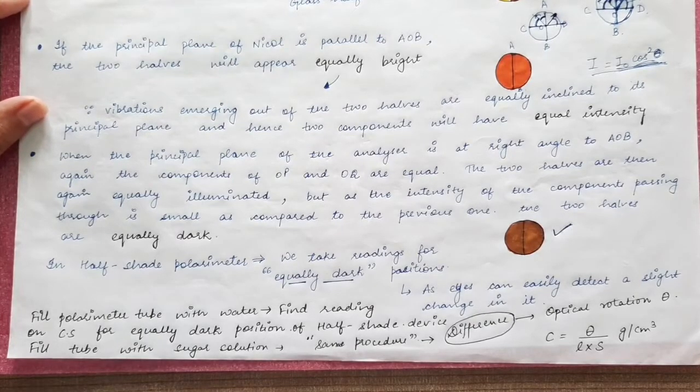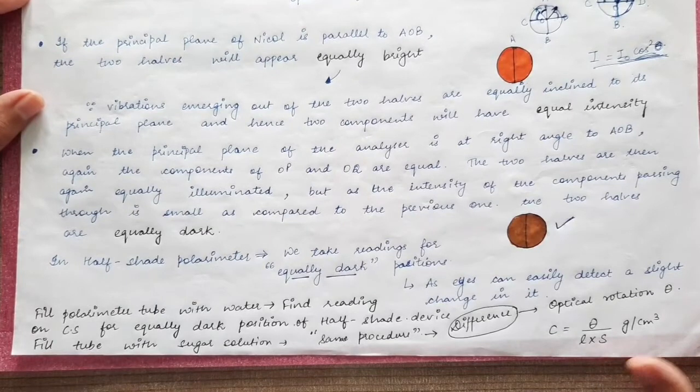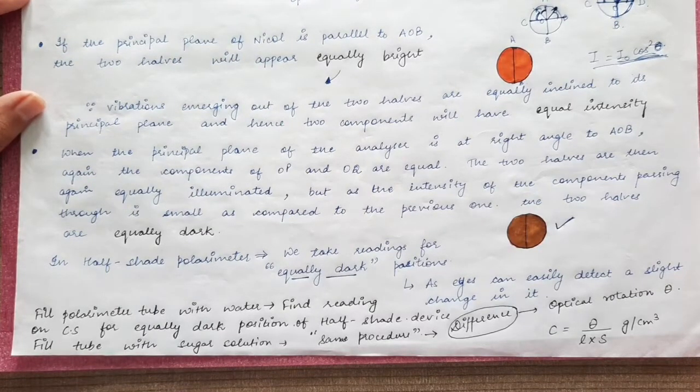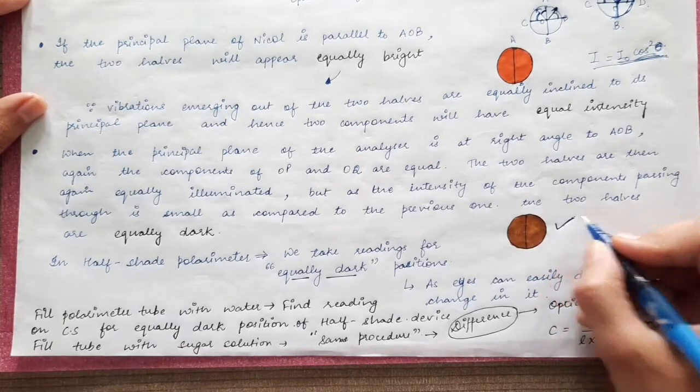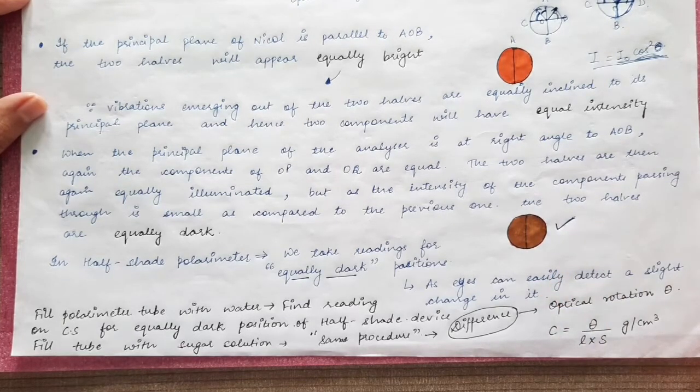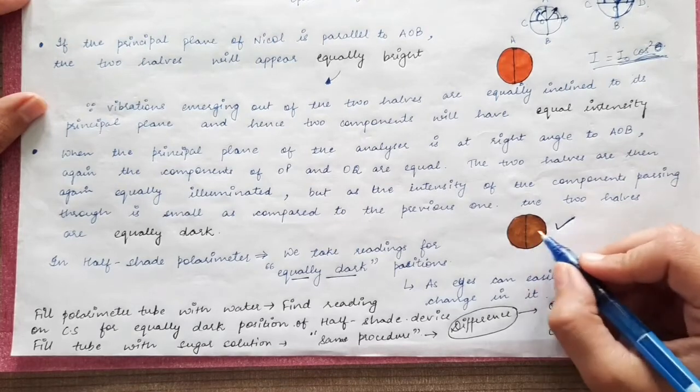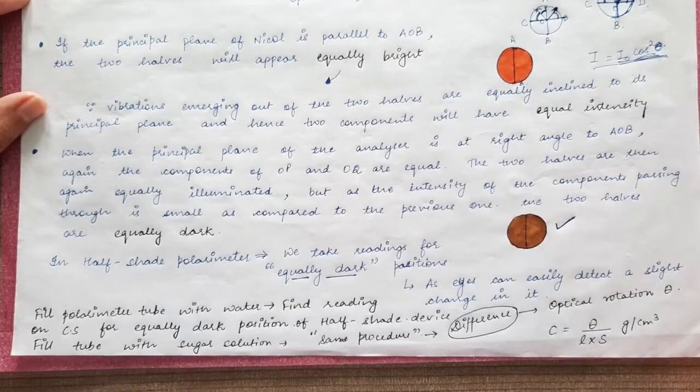Firstly, we fill the glass tube with pure, filtered water and rotate the analyzer, and as you rotate, you will get a position when both halves appear equally dark.